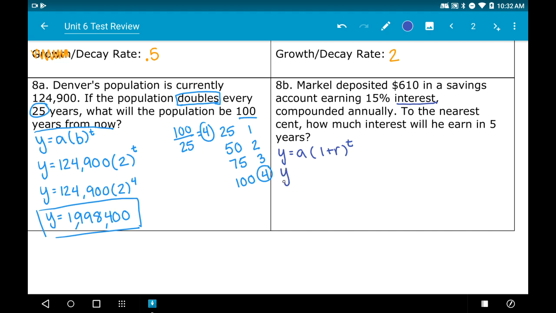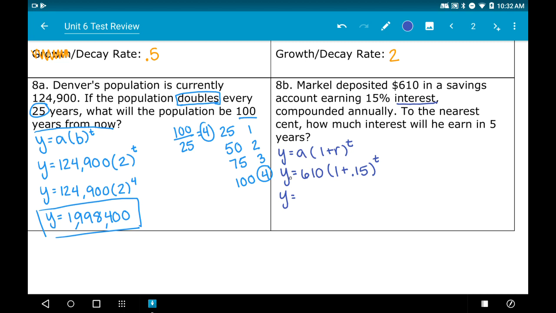And our a value is what we start with, so the amount of money he deposited to start would be 610. And then our percent here is 15, so it'd be 1 plus 0.15. So 15% as a decimal is 0.15 to the power of t. Anytime it's increasing, you have to add this 0.15.